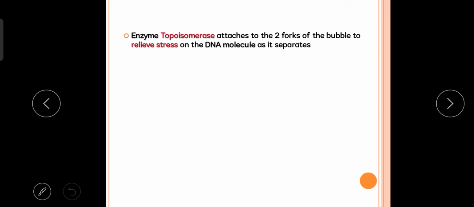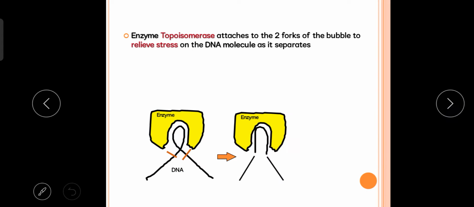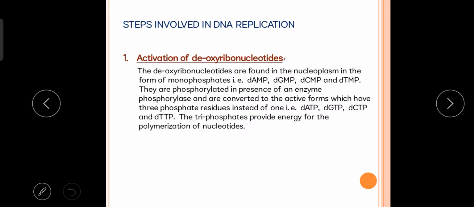Now let's move to our next slide. Here are the steps involved in DNA replication. First, we need the activated deoxyribonucleotides, because these are the important materials for the synthesis of the new DNA strand. We need ATP, GTP, CTP and TTP.